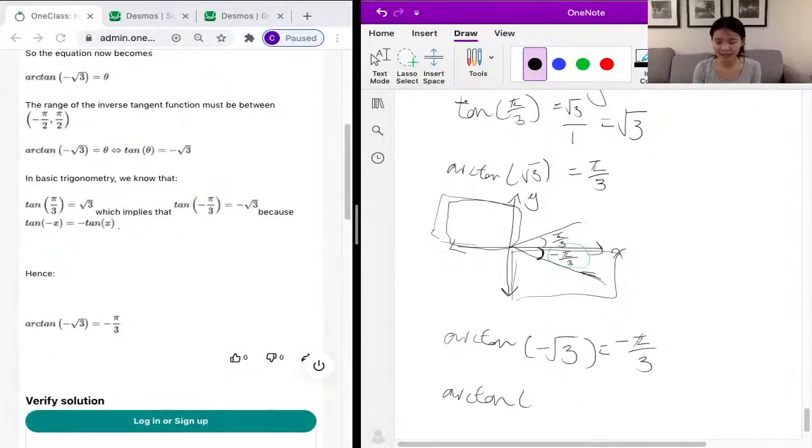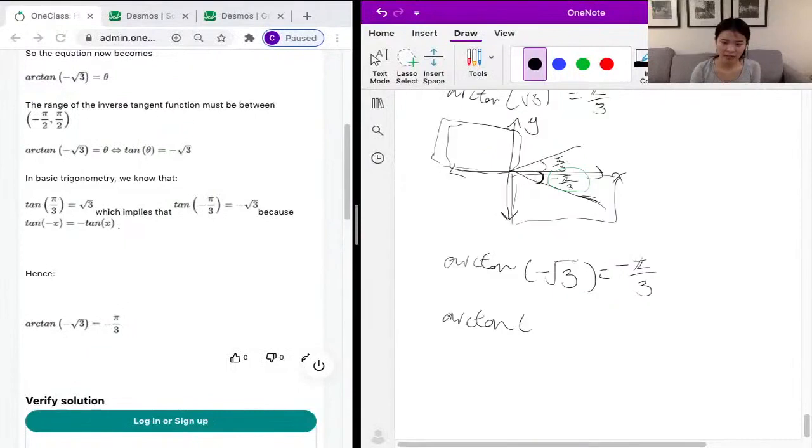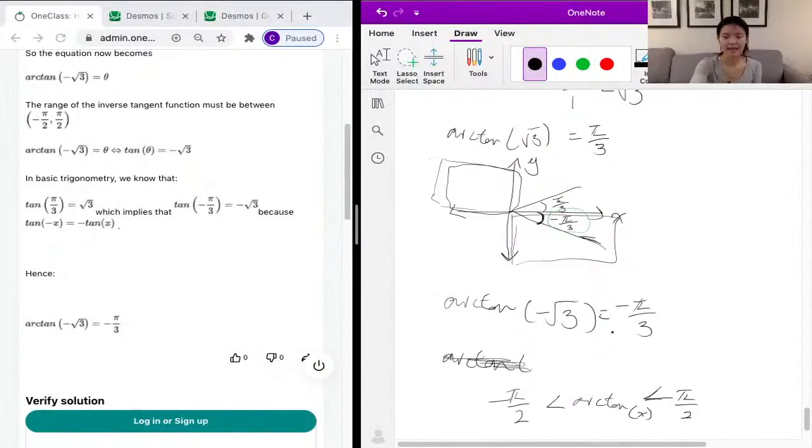In order for the tangent function to have an inverse function, we need to restrict the domain of the tangent function. After we restrict the domain of the tangent function, we restrict the range of the arctangent. So the range of the arctangent function is between negative pi over 2 and pi over 2.